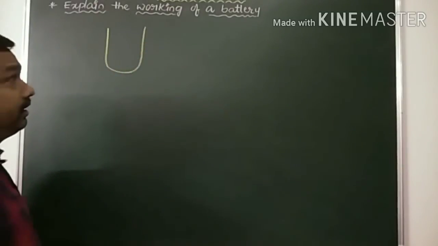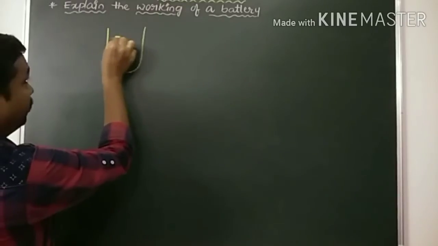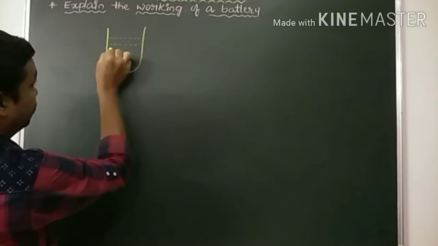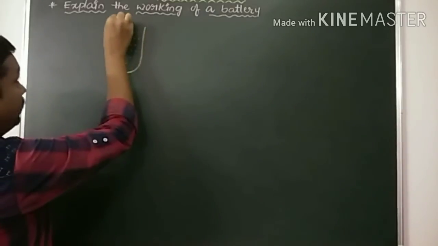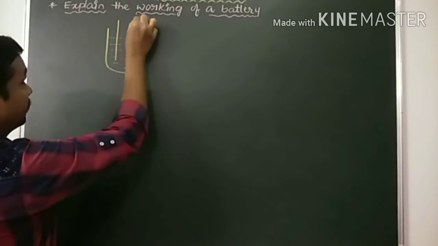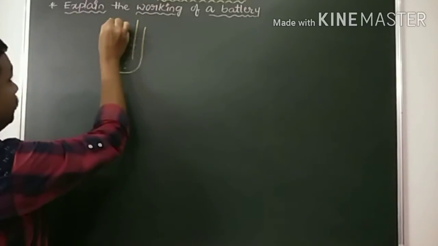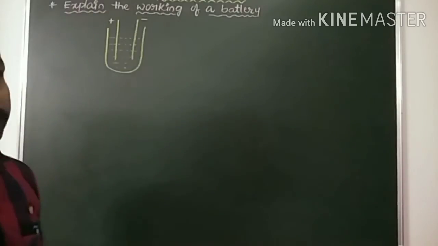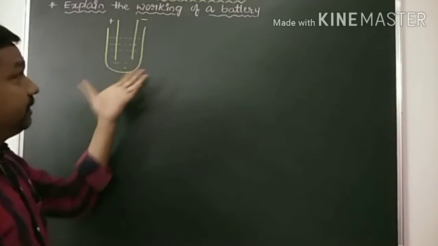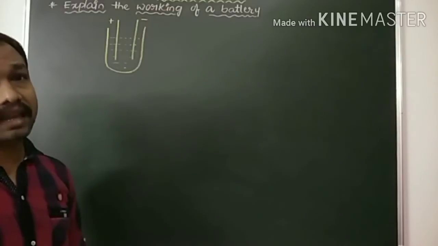Here we have a container, electrolyte solution, and two electrodes: one is the positive electrode, the second one is the negative electrode. This device we are calling a cell.